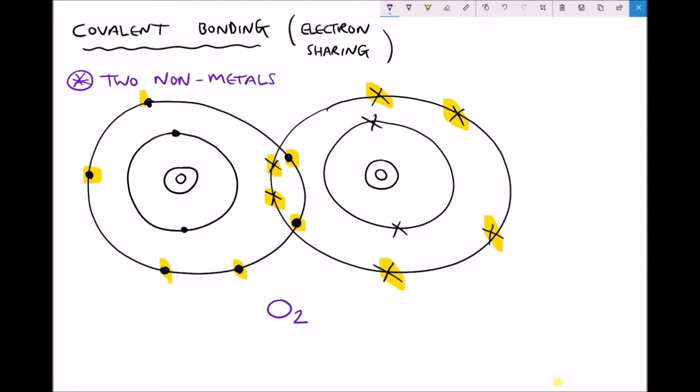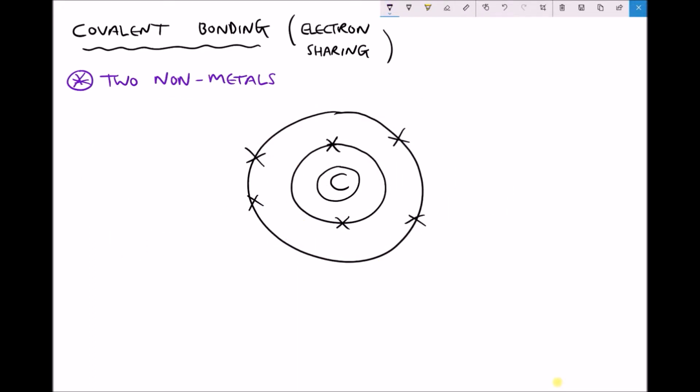So let's look at how this affects the bond between two nonmetals. In the centre we have a carbon atom, and carbon has an atomic number of 6, therefore it has 6 electrons, and we see the arrangement here, 2, 4. Now carbon doesn't want to give up any of those 4 electrons, but at the same time it does want to have a complete outer shell.